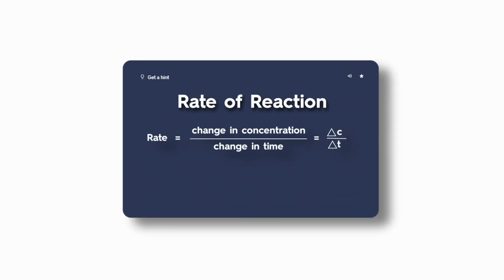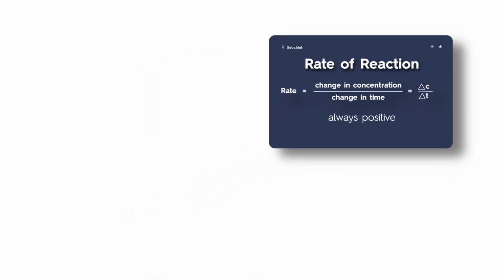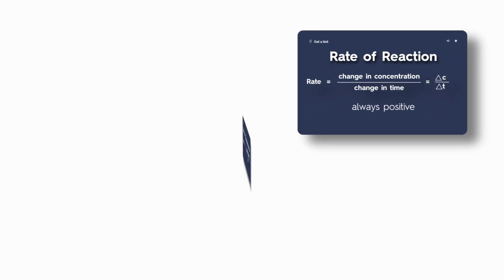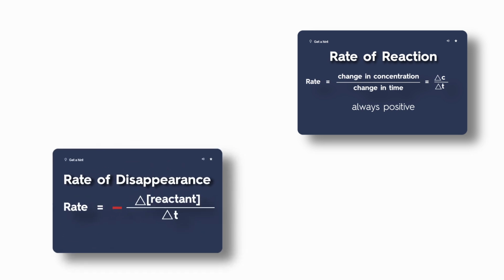After a reaction occurs, the rate tells us how the concentrations change over time and is always reported as a positive number. If the reaction is determined based on how much reactants have been used up, it is called the rate of disappearance and is written with a negative sign to make the result positive.